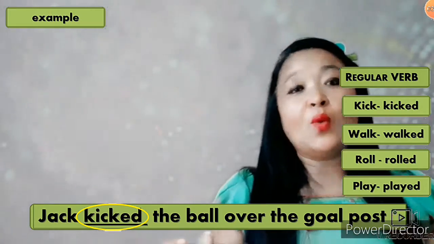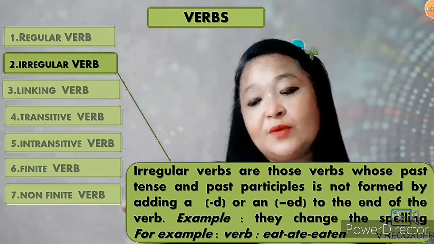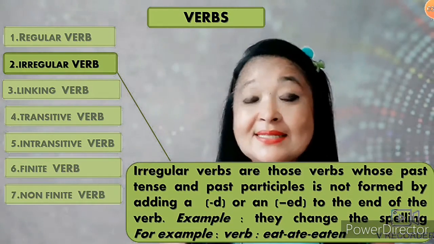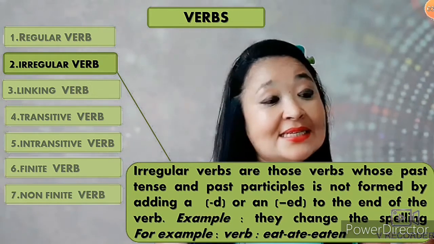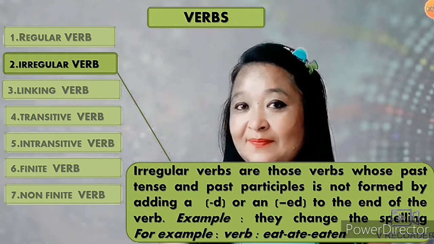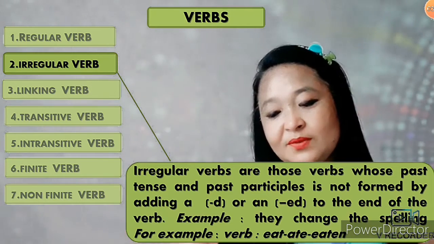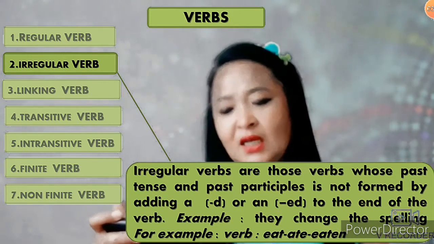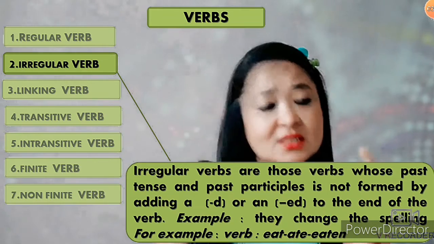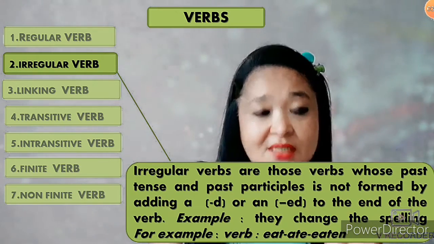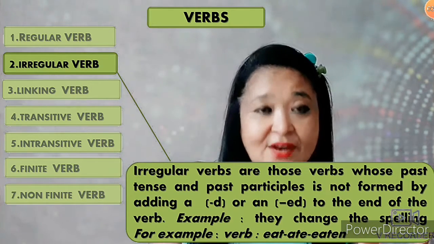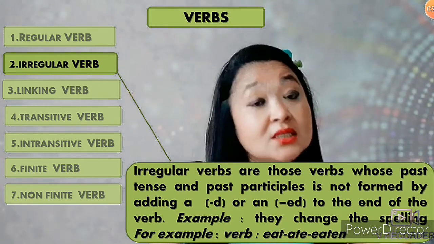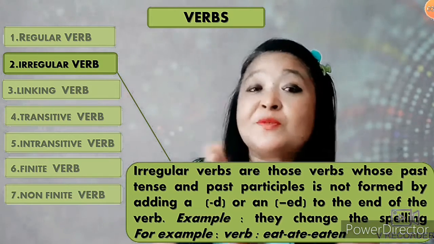Now let's see what irregular verbs are. Irregular verbs are those verbs whose past tense and past participles are not formed by adding d or ed towards the end of the word. Since you are not adding d or ed towards the end of the verb, in such verbs even the spelling of the verb changes.